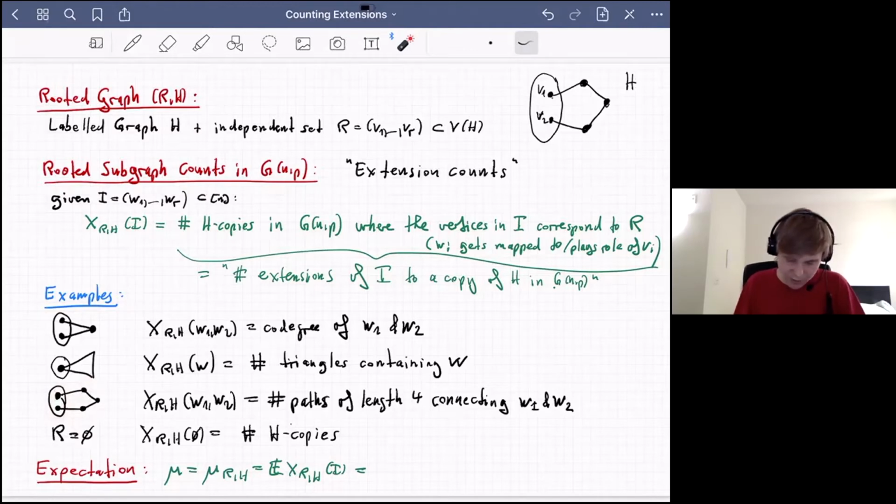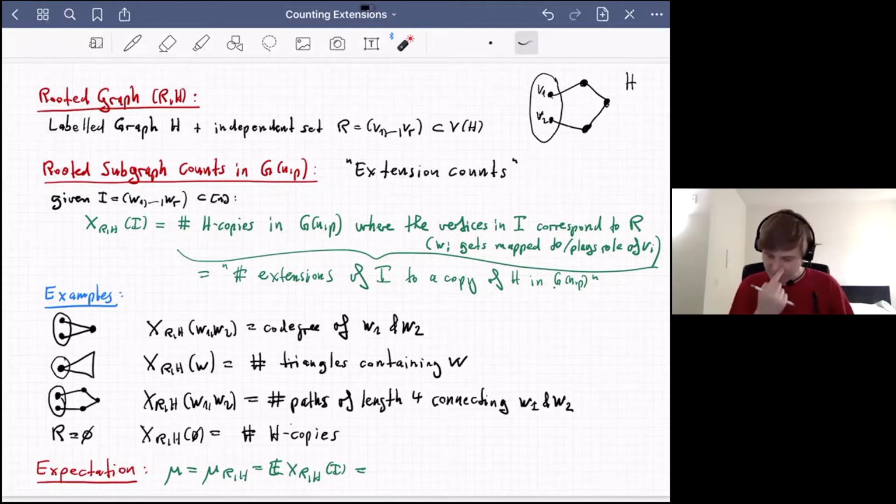Maybe to also give an extreme example: when the root is actually empty. We're looking at some rooted graph where the root set we pick is just the empty set. Well, then this extension count is degenerate, in the sense that we're just counting the number of H copies in the entire graph.